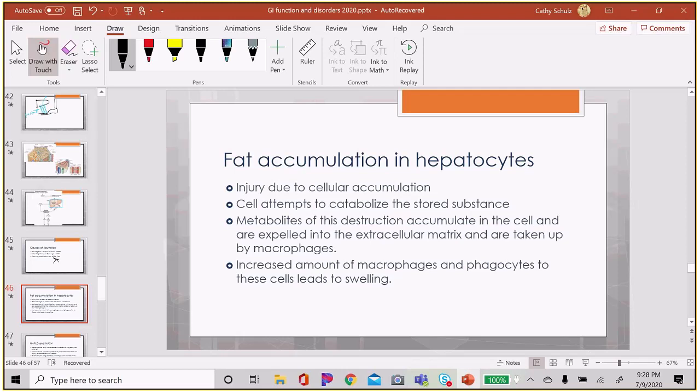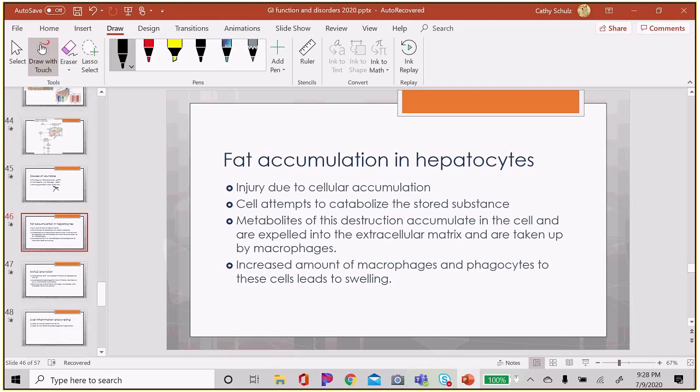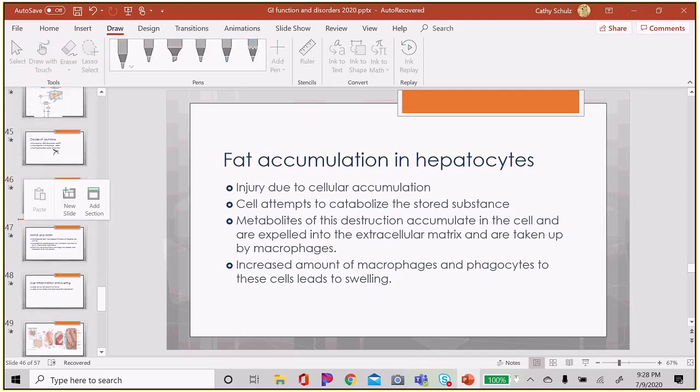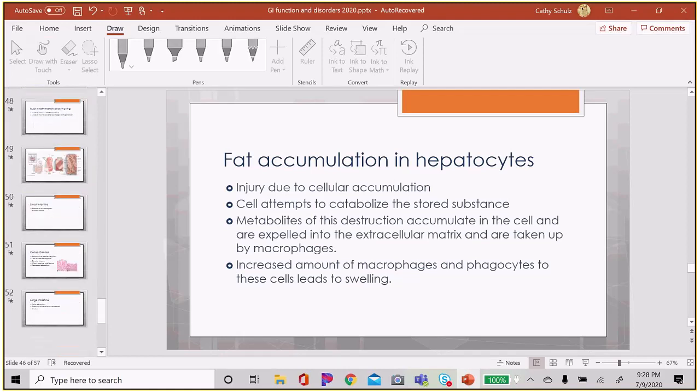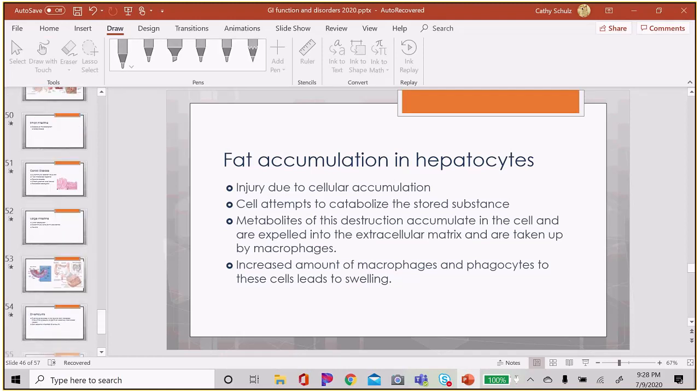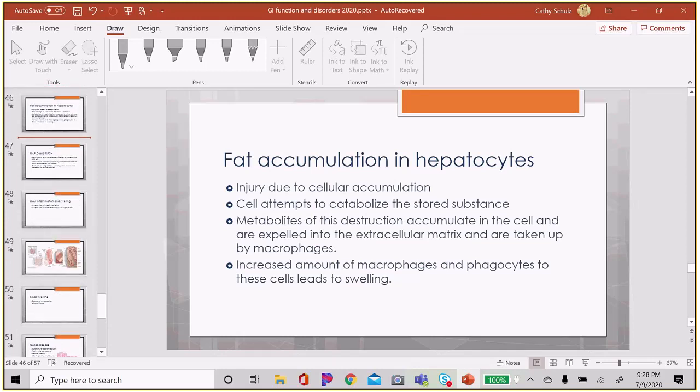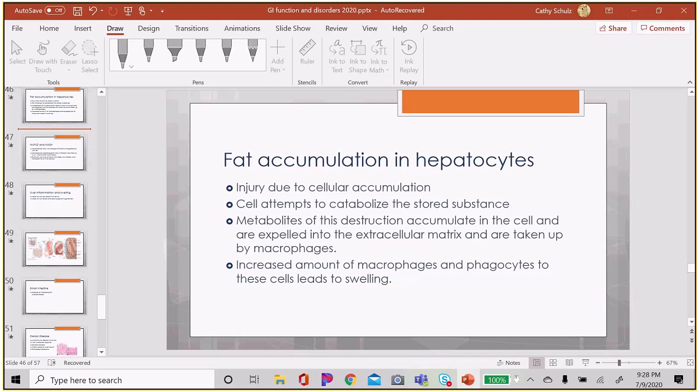So if there's an injury, well, we probably should leave off here. So where I'm leaving off is, and this part is probably more important in terms of the final assessment, fat accumulation, or the intracellular accumulation of fat in hepatocytes.